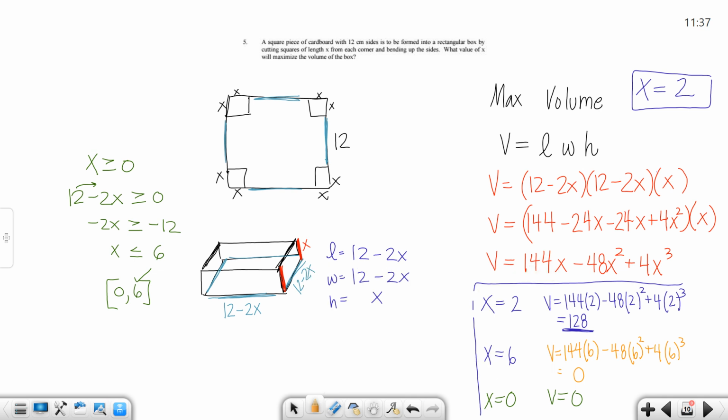When you do that, you would get 12 minus 2 times 2, which would be 12 minus 4, which gives you an 8. So it would be 8 by 8 by 2. Those would be the dimensions if it happened to ask you for the dimensions.